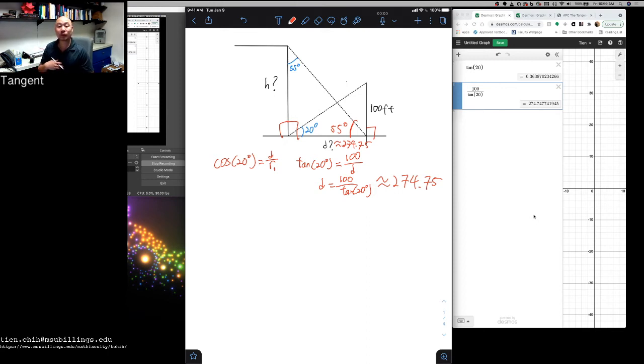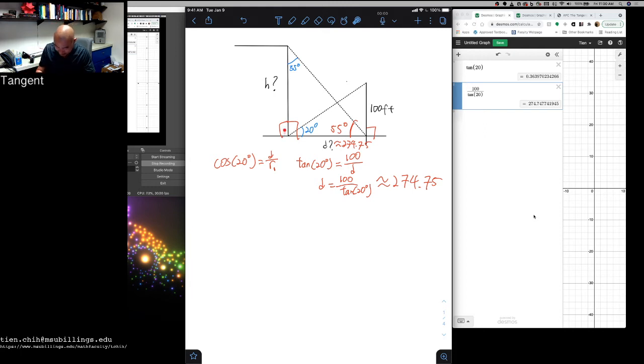Once again, I don't know this hypotenuse here, but if I use tangent as my trigonometric function of choice, then I can get away from having to know what the hypotenuse is.